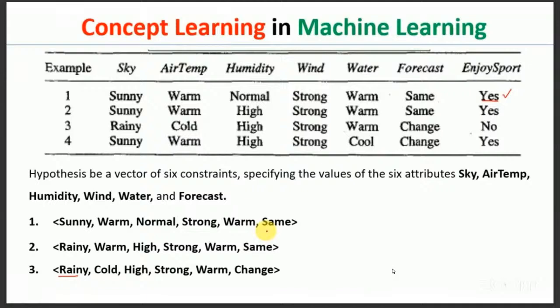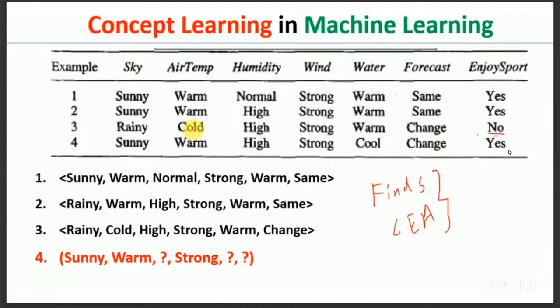Other than those, whatever value is present, it needs to be known. For example, sunny, warm, normal, strong, warm, same is the first one. In the second one, if it is rainy, whatever it is, when it is rainy you see the output of that column is no. It means if it is sunny, then observe the respective outputs: yes, same.